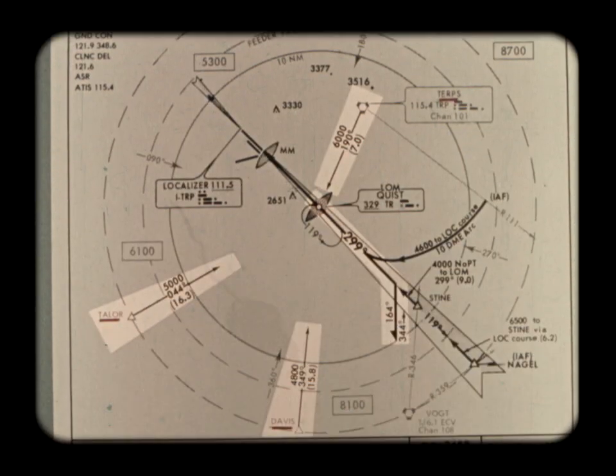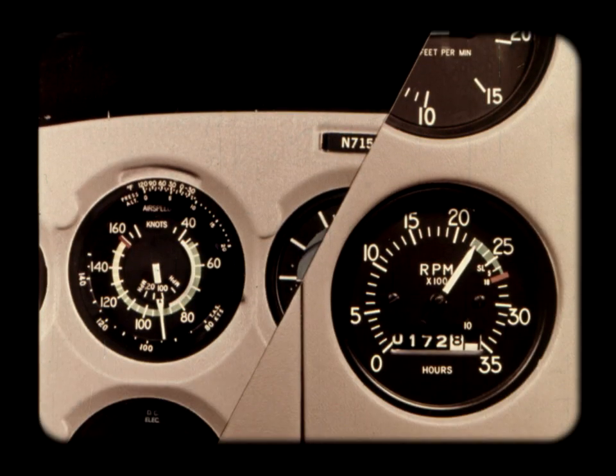A procedure turn is required from the feeder routes originating from the TERPS VORTAC, Taylor intersection, or Davis intersection. After crossing the outer marker, track outbound on the localizer course and make a procedure turn. After crossing the initial approach fix, reduce speed to the final approach speed.